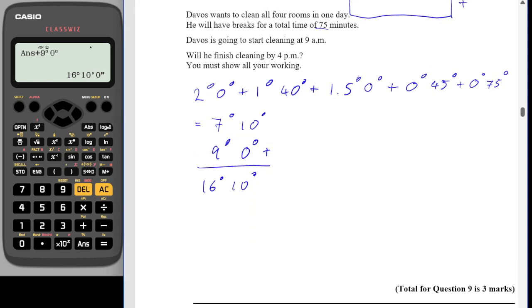So will he be finished by 4? No, he finishes at 16. We'll go for time in here. He'll finish at 4:10 p.m.